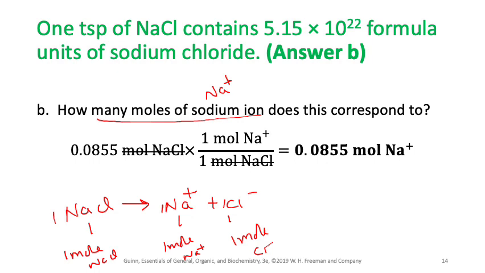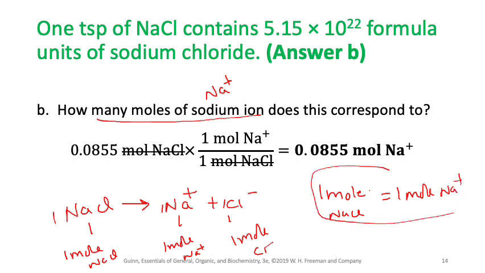We already know, I can say 1 mole of NaCl can give you 1 mole of Na plus, whatever we learned from here. 1 mole of NaCl is giving you 1 mole of sodium ion, right? And what we need is sodium ion, so sodium ion has to be on the top and 1 mole of sodium chloride on the bottom.